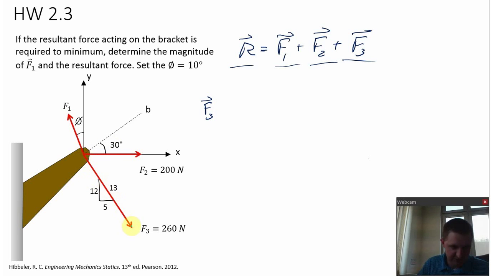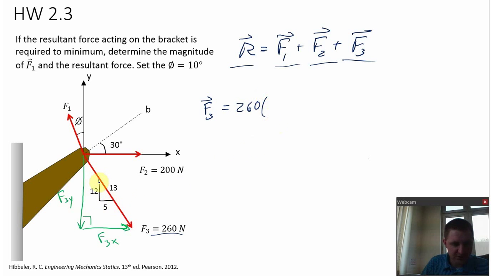So here's force vector F3. That would be the y component of it, F3y. And then this would be F3x there. Notice I made a right triangle with the two components. So the sum of the y component plus the x component gives me the resultant F3. If I want to get the x component, I take the magnitude, 260.